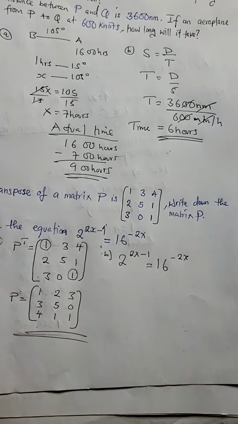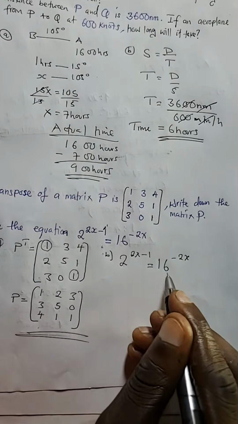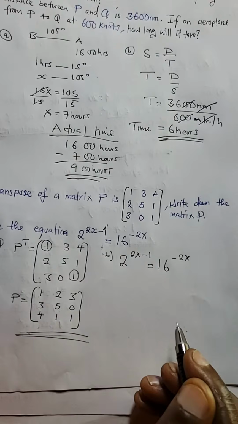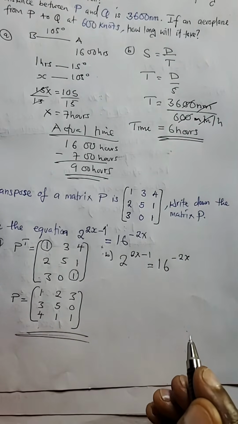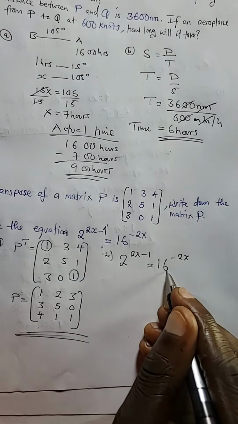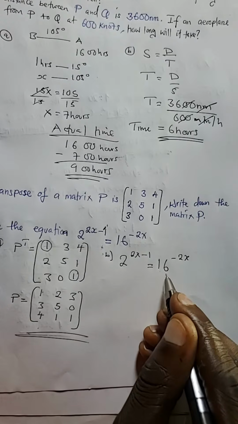Now, can you change 2 to a base of 16? No. Now, can 16 change to have a base of 2? Yes. Because 16 is the same as what? 2 to the power 4.